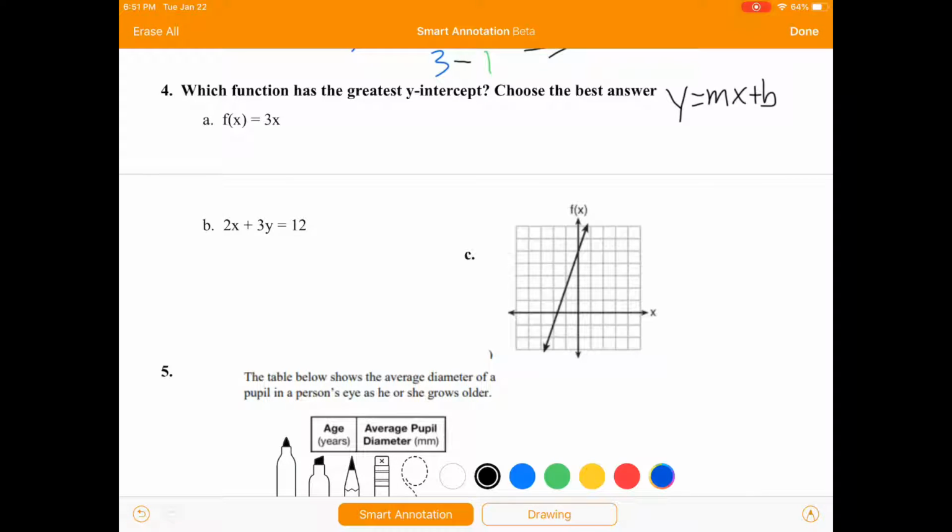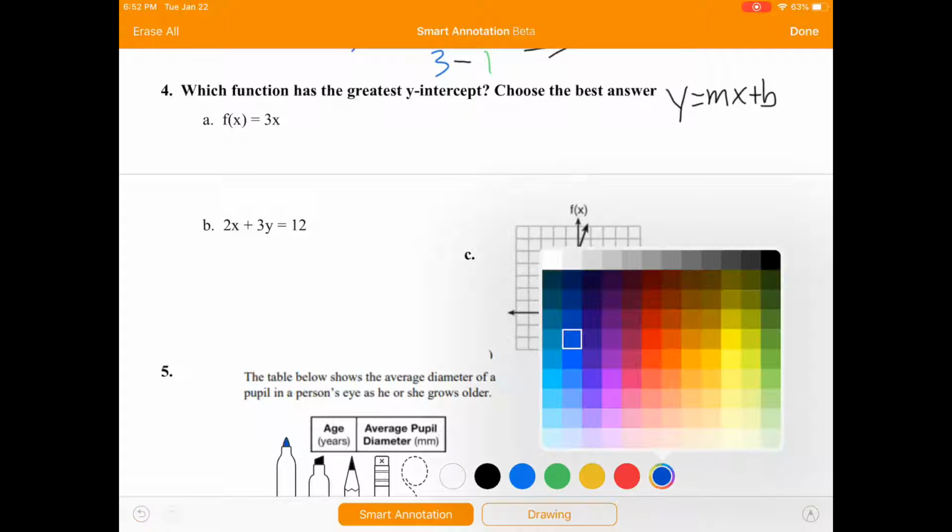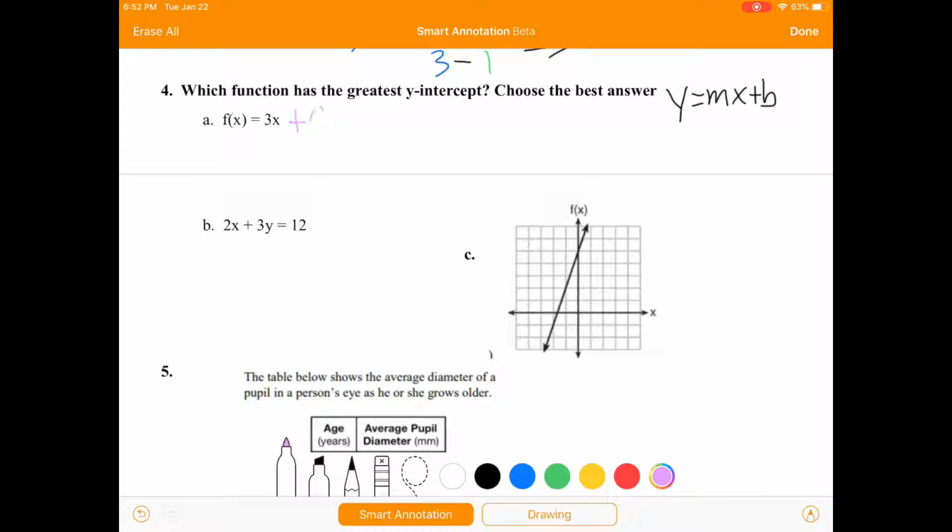There doesn't look to be a b because there's nothing adding or subtracting to this 3x. But if we wanted to add something to give that reassurance of seeing something there, could we not add 0? If we add 0, does it change the value? No, it does not. So we can do plus 0.